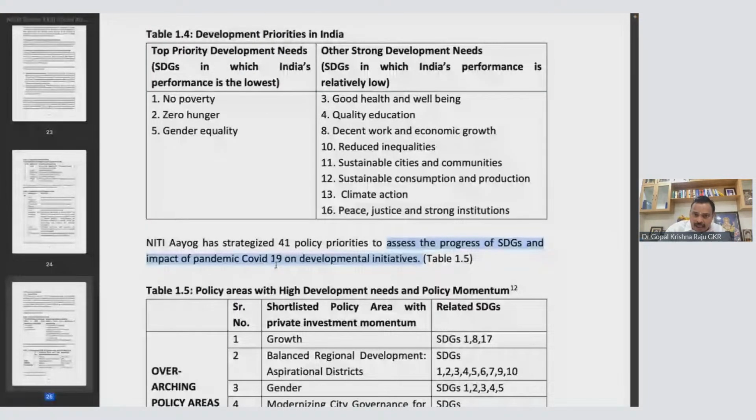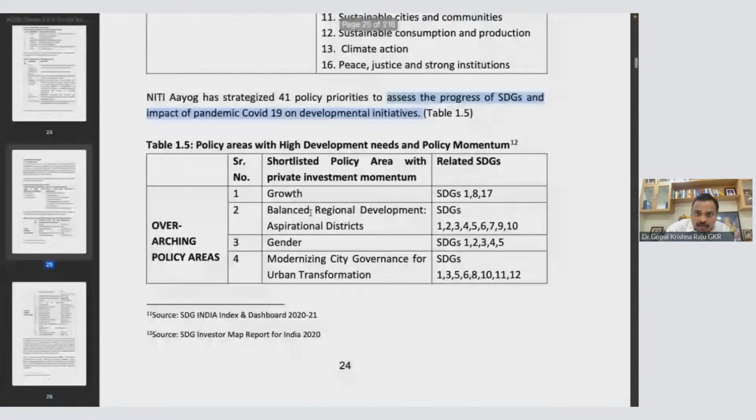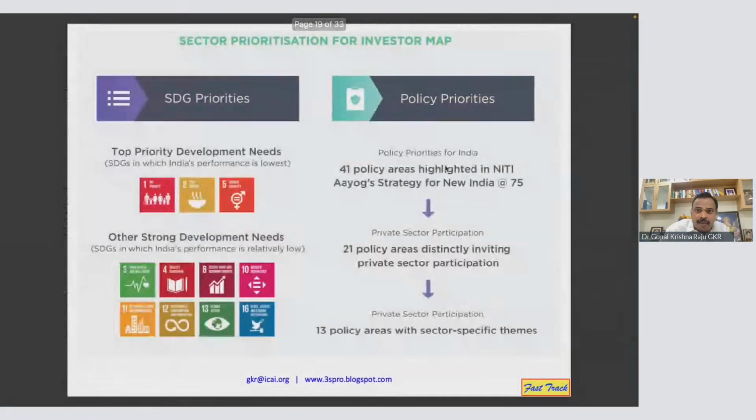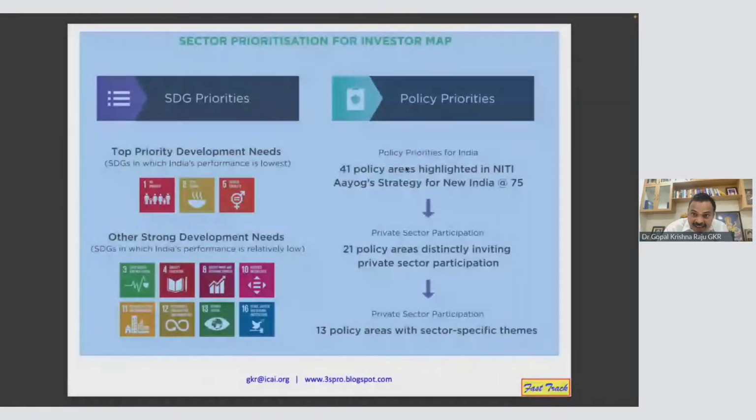Here they have only given 21, but there are 41 policy priorities. So 41 policy priorities are highlighted in the Niti Aayog Strategy for New India 75, and 21 are policy areas. Please differentiate between this 21 and 41. 41 are policy areas highlighted in the Niti Aayog strategy.